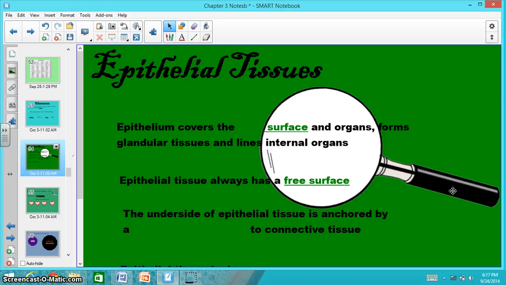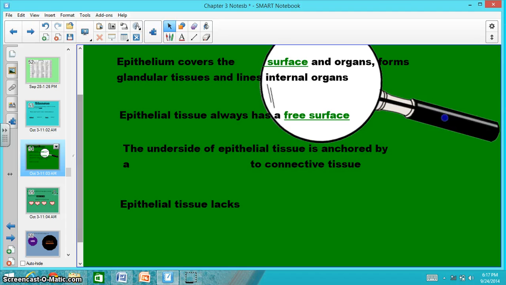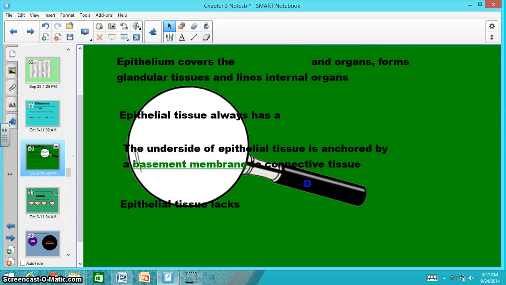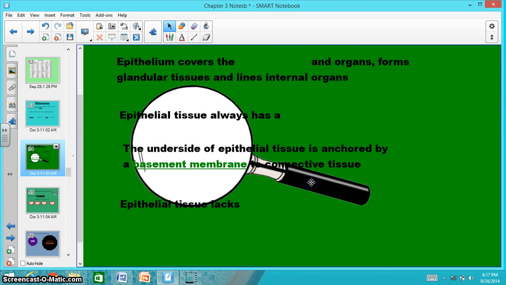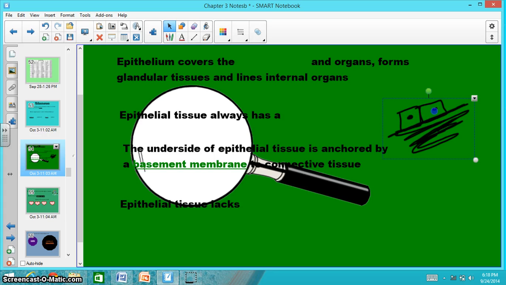The part that's attached, usually to a different kind of connective tissue, is referred to as the basement membrane. So if we have, say, a layer of cells here, there's going to be connective tissue below that. That's all this stuff right there. There's the nucleus for the cells.